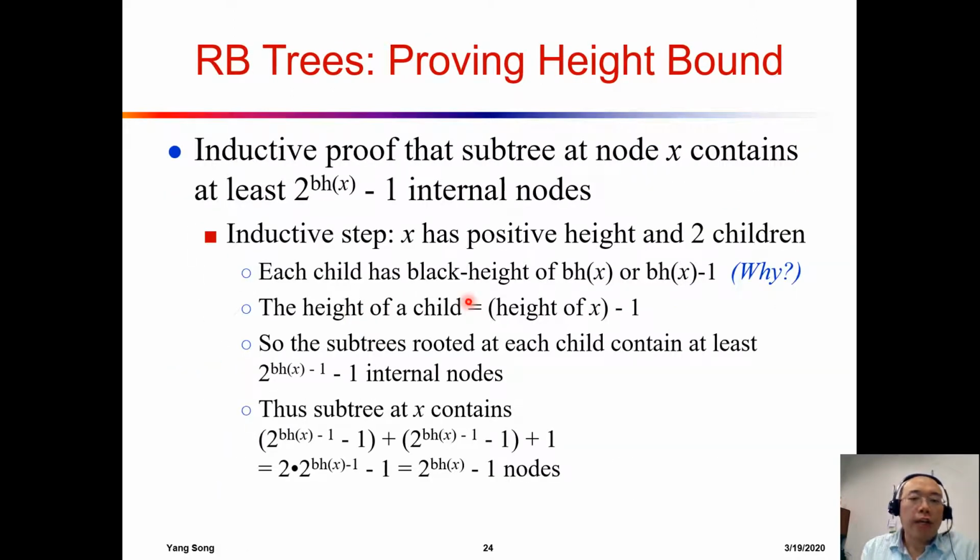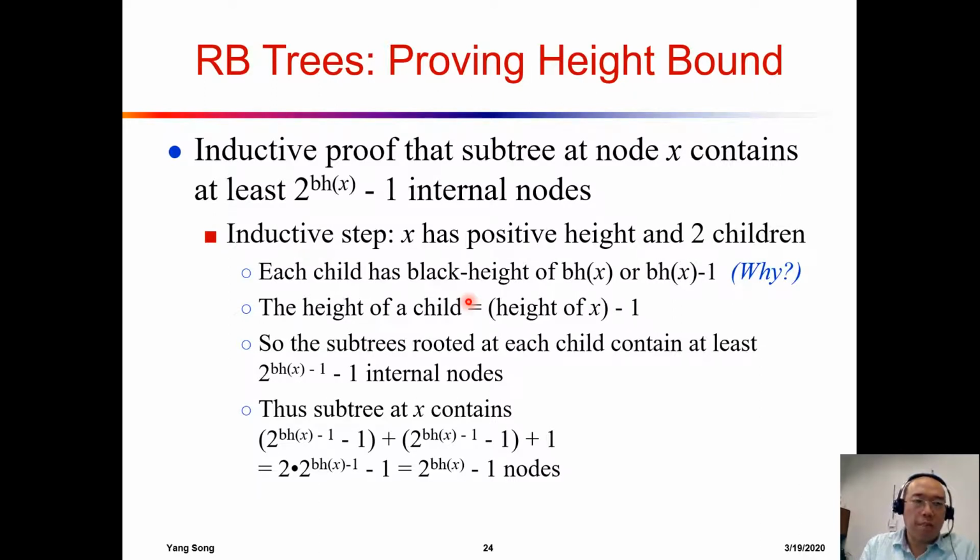Each child has a black height equal to the black height of the parent, or the black height of the parent minus 1. So why is it like this? Well, the reason is that we are painting the colors differently.